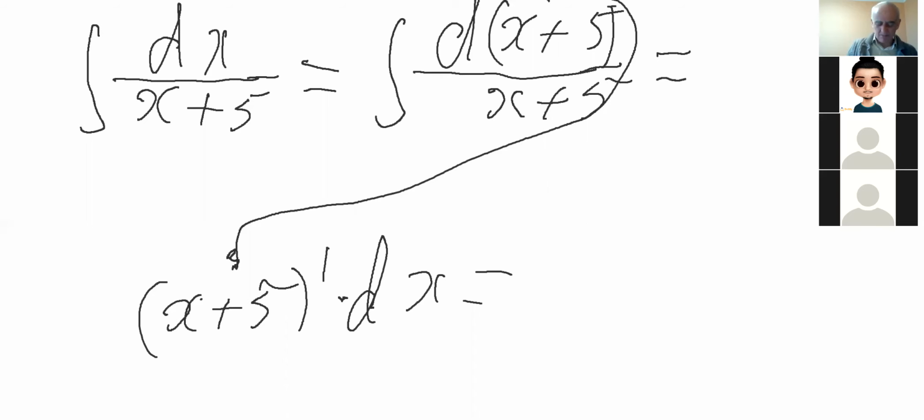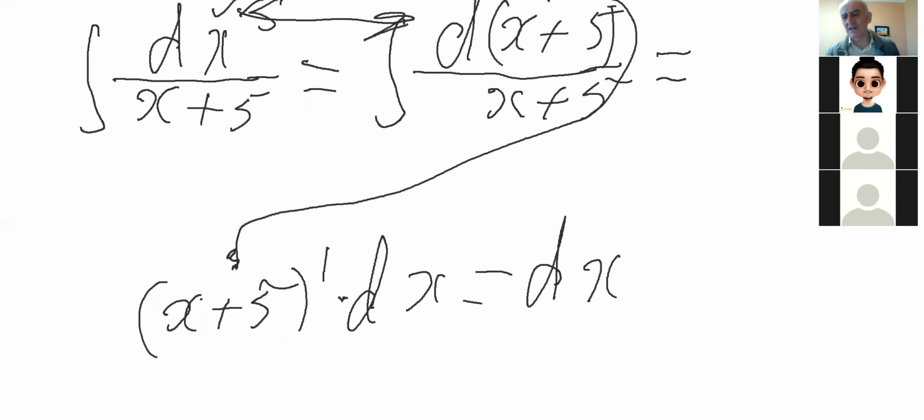It's 1, because the derivative of x is 1 and the derivative of 5 is 0. So it's going to be dx. So we got that these are equal: dx equals d(x plus 5).